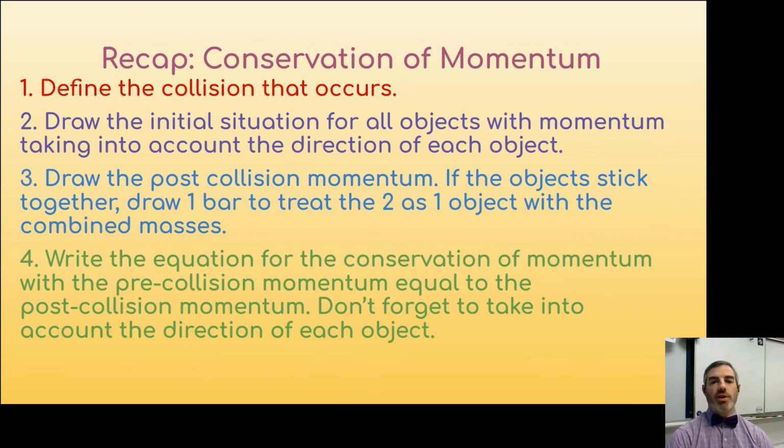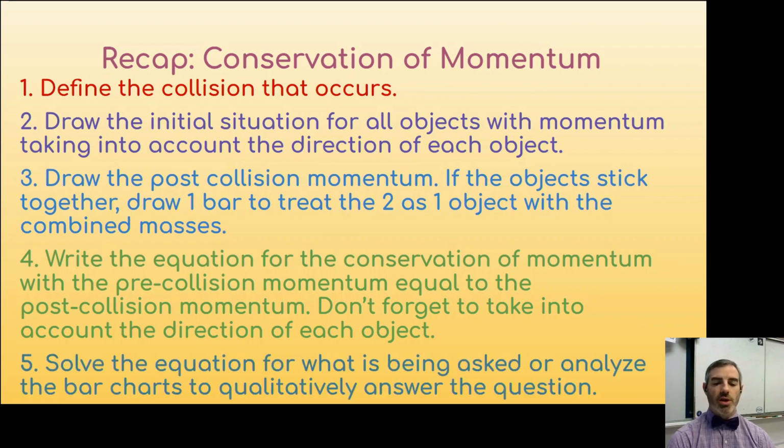Then you write the conservation of momentum equation with the pre-collision momentum equaling the post-collision momentum. And don't forget to take into account direction. I've mentioned this many times because it is a very common mistake to forget direction. The last step is to solve the equation for what is being asked, or analyze the bar chart qualitatively as we did in example 3 to answer the question.